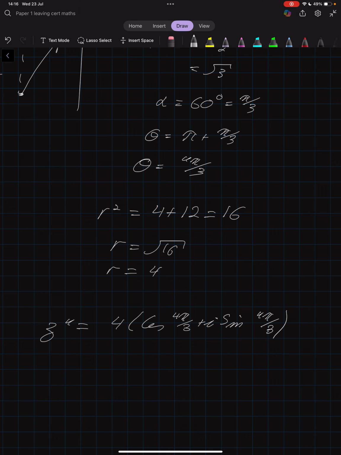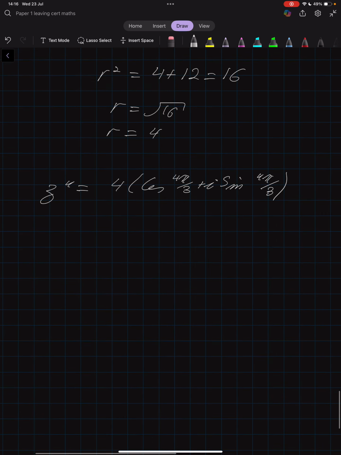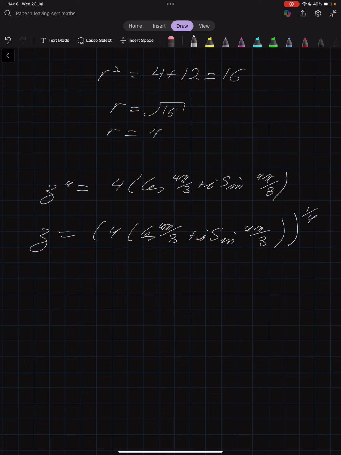Now, the next thing that is very, very important is that I can say, well, z is going to be 4 cos 4 pi over 3 plus i sine 4 pi over 3, all to the power of 1 over 4. So this equals, so to the power of 1 over 4, so 4 to the power of 1 over 4 is root 2.